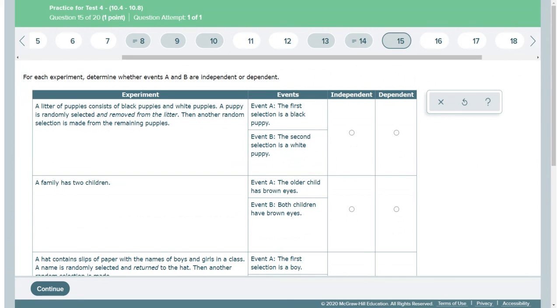Well, first of all, they describe the two events as event A and event B. So they're being specific about what the first one has to be. But even if they didn't tell you that, your selection of that second puppy is going to be dependent upon what happens in the first event.